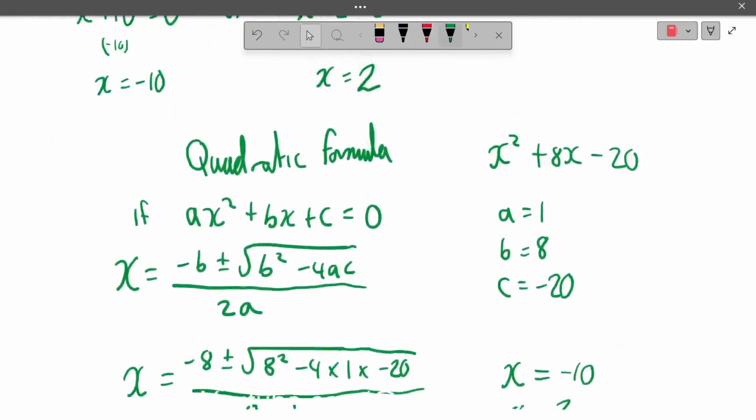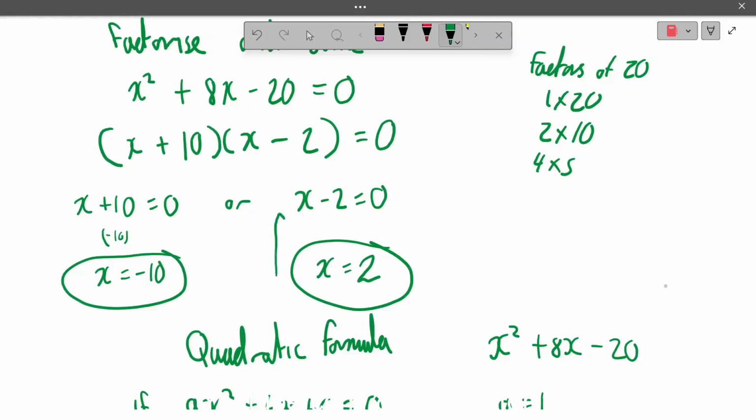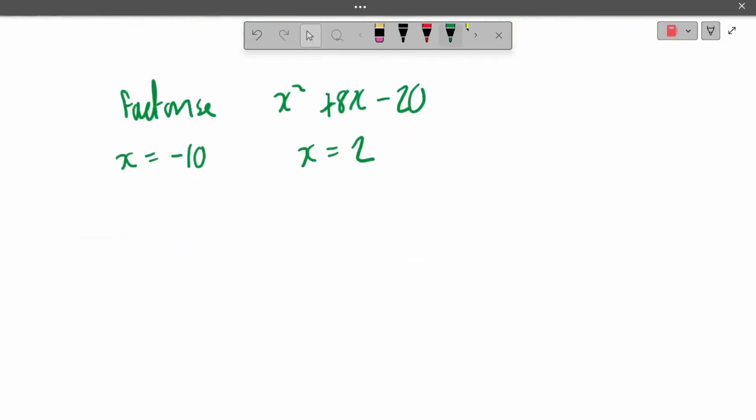But when we look back at our factors, I'm going to scroll back up. We are at this stage here where I'm circling, and we need to go back up. So instead of it equaling a number, we need to make it equal to 0. How do I get rid of that plus 10? Well, I go plus 10.